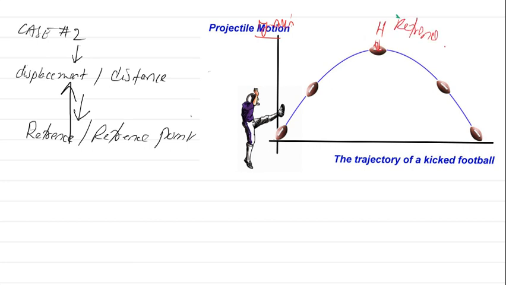If I want to measure the distance or displacement from H towards E, what will the displacement be? It will be positive, because now we're starting from here.